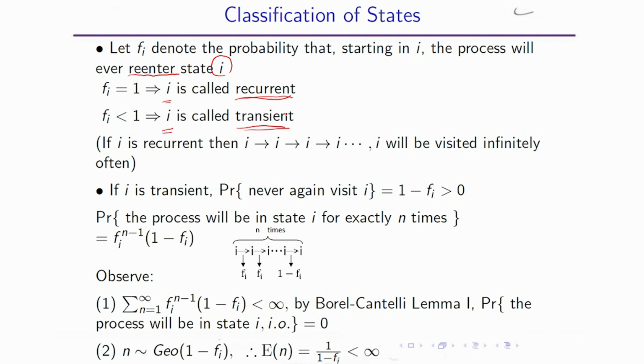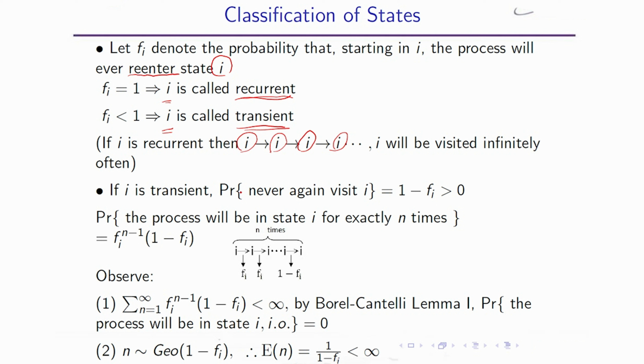Transient means that after a sufficiently long time, eventually we will not go to i. If i is recurrent, that means we will go to i eventually, and go to i, and go to i again. So i will be visited infinitely often.